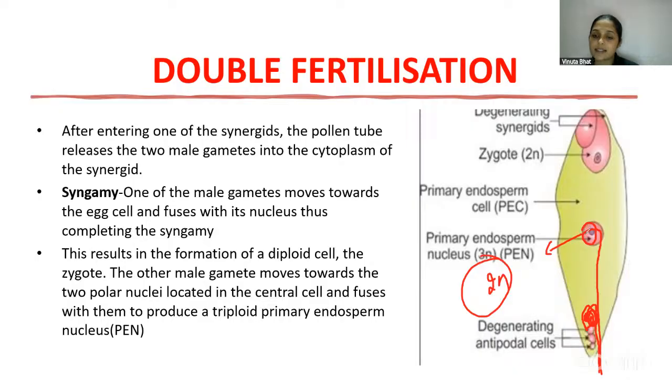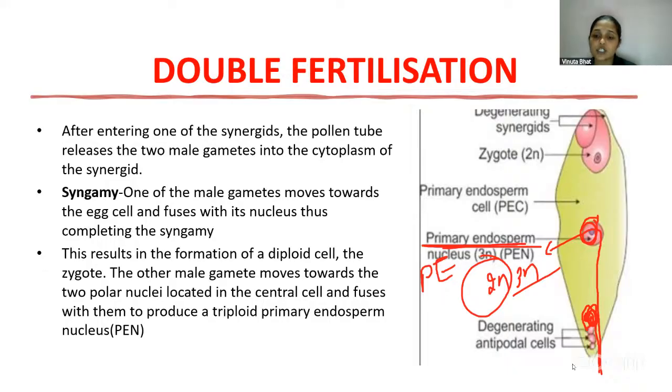This forms the 3n condition, called PEN, the primary endosperm nucleus. Okay, so this is called double fertilization.